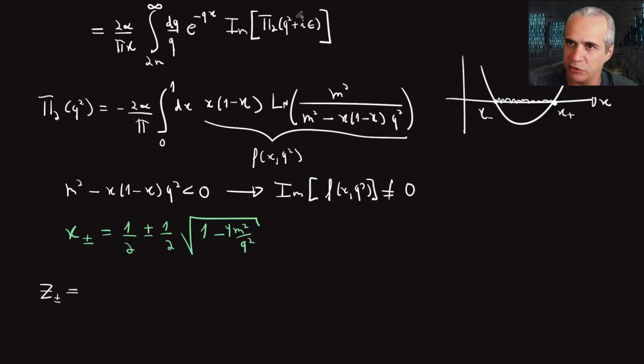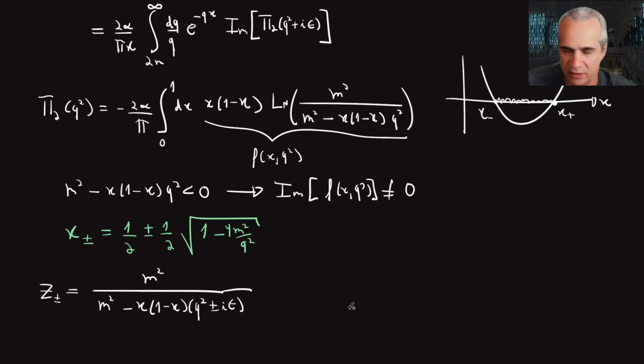So if I substitute q squared plus i epsilon here, what I'll have in the argument of the log is this z plus minus, which will be m squared minus x(1 minus x) q squared plus minus i epsilon, right? And you see that I'm substituting z plus here. I'm just defining the two options.